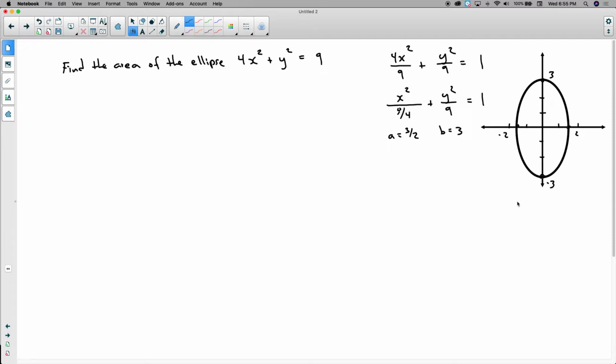Okay, so now to the calculus. So in preparation to set up the integrand, we do need to solve this thing for y. And I got that part done.